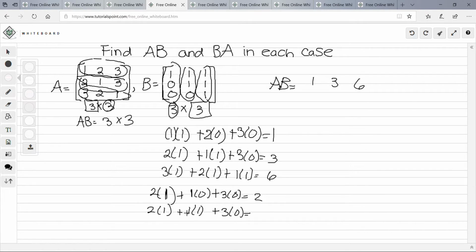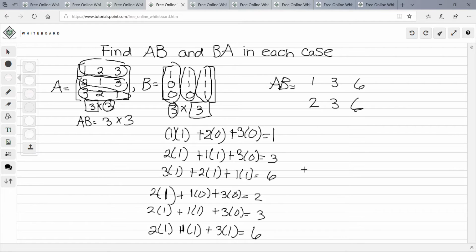Right? 2 times 1 is 2 plus 1 times 1 plus 3 times 0, so this is going to be 3. And then this row by the last column, so 2 times 1 plus 1 times 1, and then plus 3 times 1. So this is going to be 6. So this, we're going to go by the row, so it's going to be 2, 3, and 6.